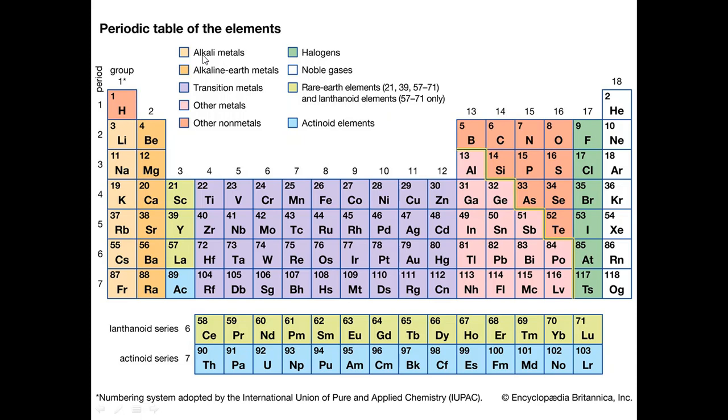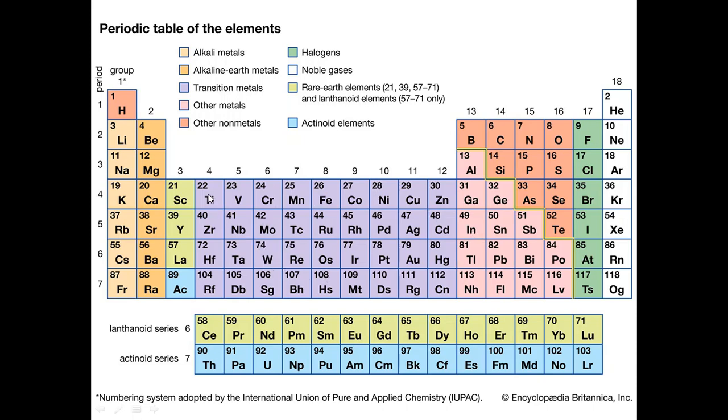So the group 1 elements, as we said earlier, are called alkali metals. Group 2 elements are called alkaline earth metals. We can have these elements highlighted here. These elements are also metals.